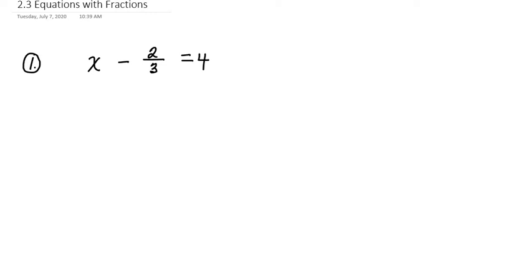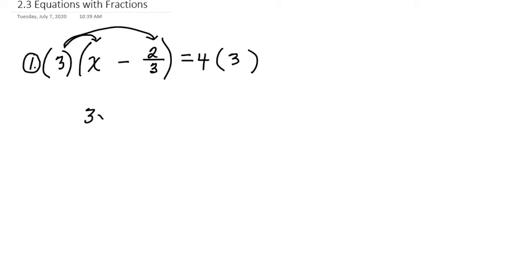So what I'm going to do is multiply both sides of my equation by the least common denominator. And in this case, the least common denominator that I have is 3. So on the left-hand side, I'm going to distribute this 3.